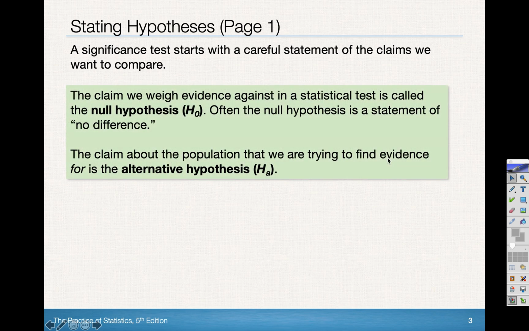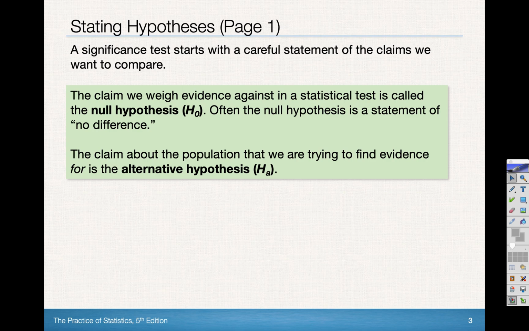And the example is looking at the proportion of free throw shots made. Now, every single significance test starts with a carefully thought out hypothesis. We have a null hypothesis and an alternative hypothesis. The null hypothesis is a statement where there's no difference, meaning we assume that the statement is true.